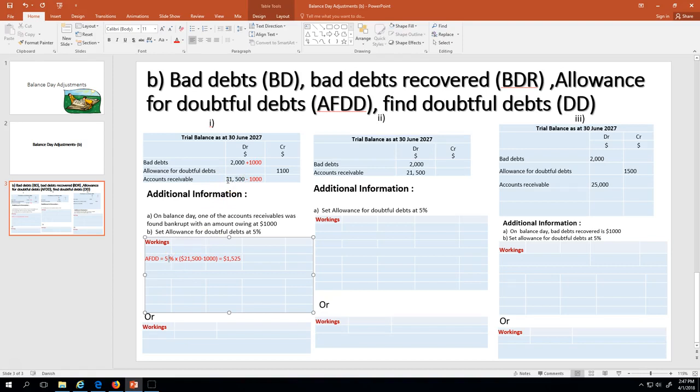Alright? Sorry, there's a typo here. It's 21,500. Okay, so once we have counted it is 1,525, we put our 1,525 next to our allowance for doubtful debts. Alright, you put that.